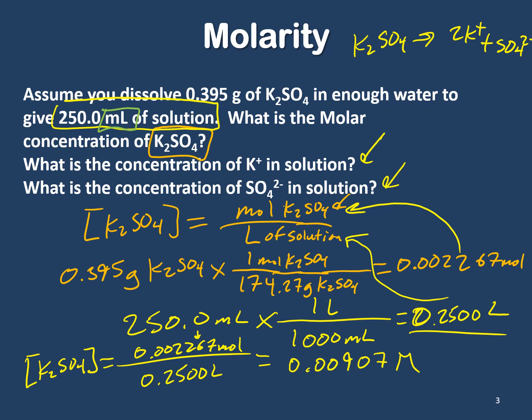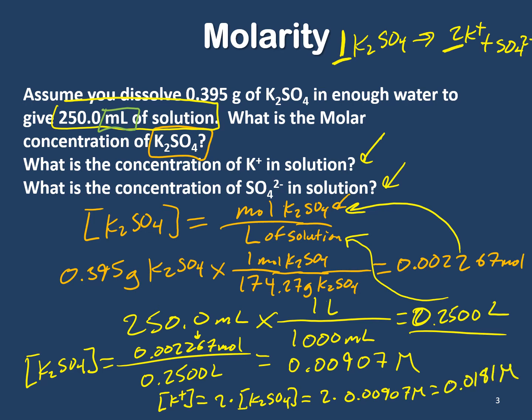So because there's a 1 to 2 mole ratio between potassium sulfate and potassium, I know that the concentration of K+ is equal to 2 times the concentration of K2SO4, or in other words, 2 times 0.00907 molar, or 0.0181 molar.